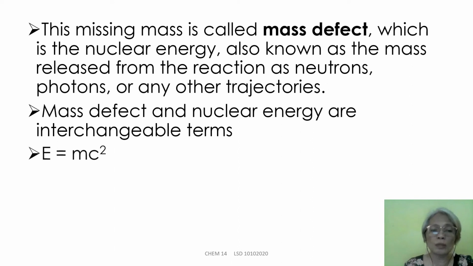So the mass can be expressed as energy and vice versa. Thus, that's the explanation. The difference in mass is now what we call the nuclear energy. So that's the missing mass. The missing mass is converted into energy.